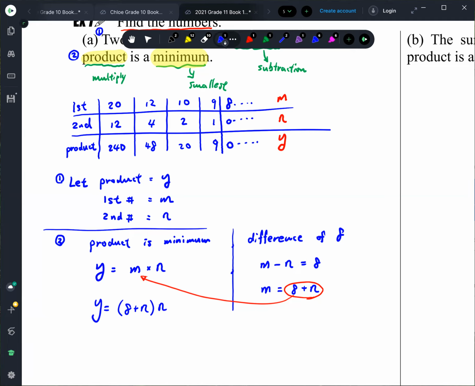Can you raise your hand if you have no trouble so far? The n is kind of like the x. The y is just like the y we've done before. That's the minimum value that we want to get. But instead of x, we have n here. So it's the variable between n and y.